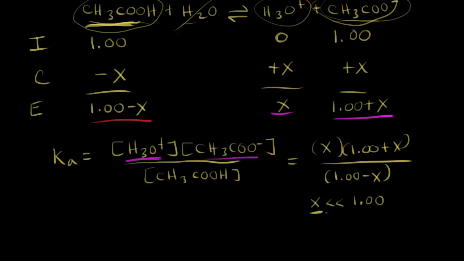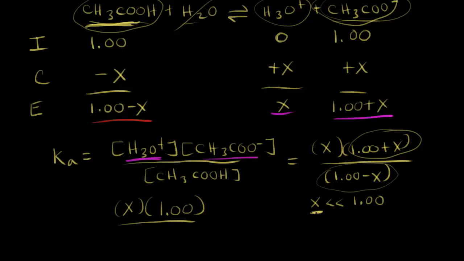So if this is a very small concentration, we don't have to worry about these. We can approximate them and say 1 plus x is equal to 1. Let me go ahead and rewrite this here. So this would be x times, over here 1 plus x is approximately equal to 1, so that's our approximation. And over here 1 minus x, if x is very small, is also approximately equal to 1.